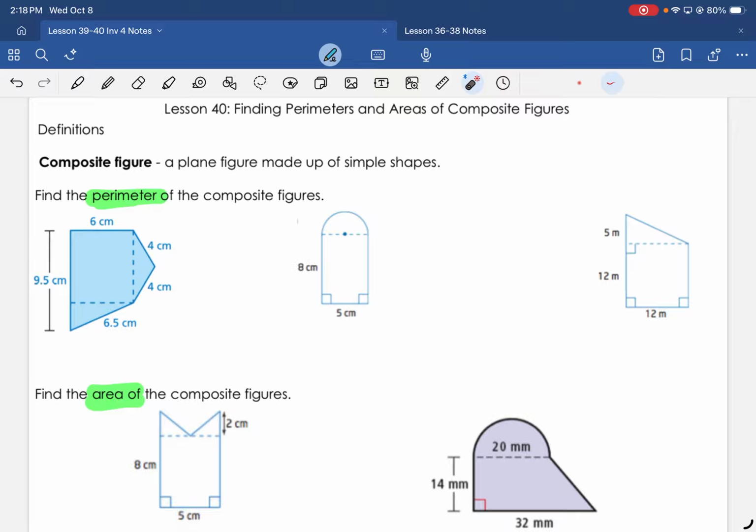Whereas on these two, they want you to find info first before you can add all the sides. And you said to do all of them? Yes, please. At least the ones you feel confident about. If there's one you start working and you feel that you get stuck or you're not sure, you can either skip it or ask me to give you some guidance to get you going.